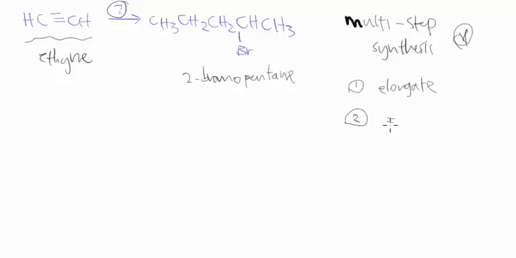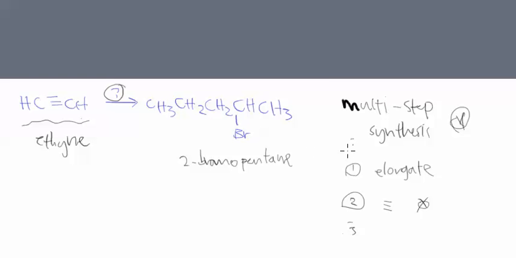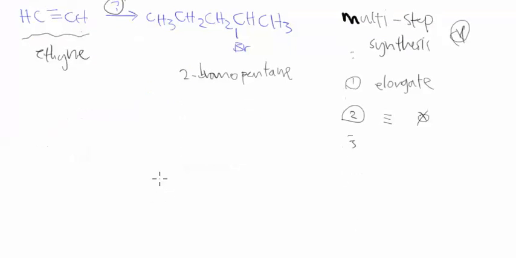So I'm going to have to get rid of the triple bond because my product does not have a triple bond there. Not only that, but I have to put a bromine on it as well. So step number 3, I'm going to see an addition of a bromo group.